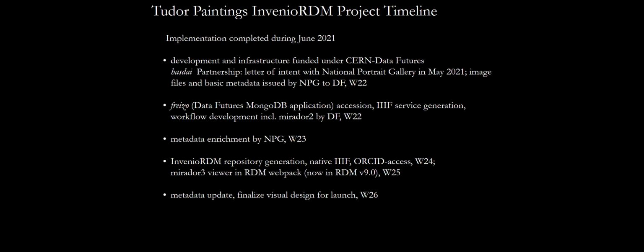There are some screenshots in a minute. Using this Riso platform enabled us to produce a workflow for Charlotte to subsequently do metadata enrichment. In the short term, that infrastructure had ORCID authentication and was not open to the public. It was really for research purposes.